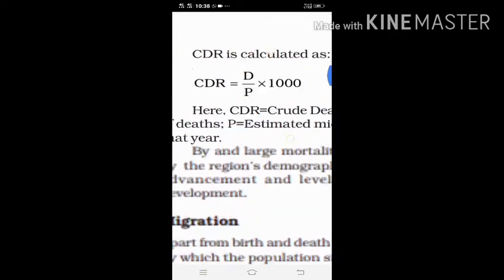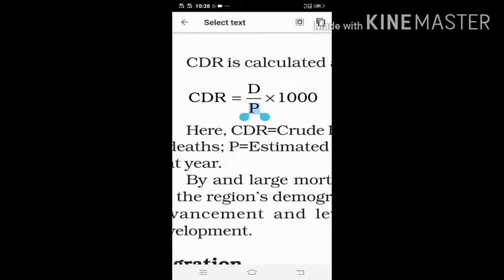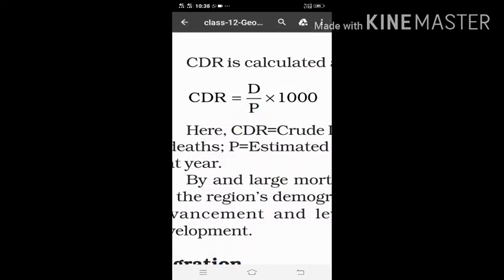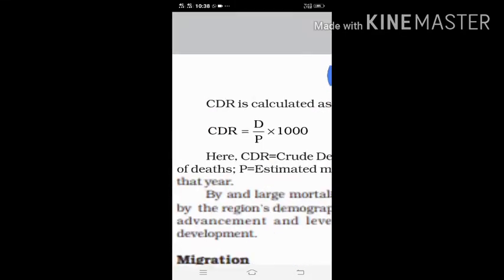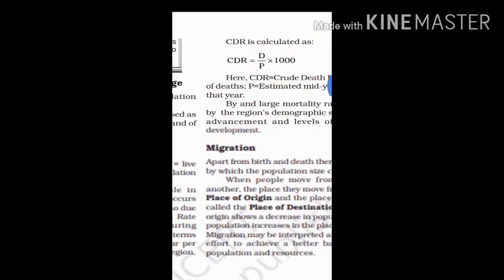CDR equal to D by P into 1000. This is the formula. Here I have nothing to explain, so I am reading it once and you will be able to understand easily.